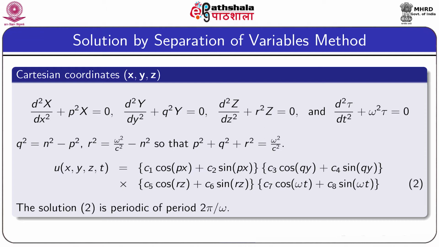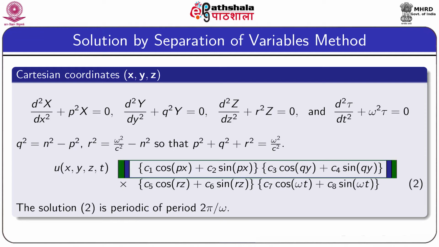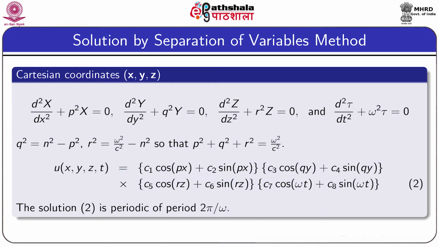The solution for capital X can be written easily as C1 cos px plus C2 sin px. Now if we look at the equation for capital Y, its solution is also a linear combination of sine and cosine functions.